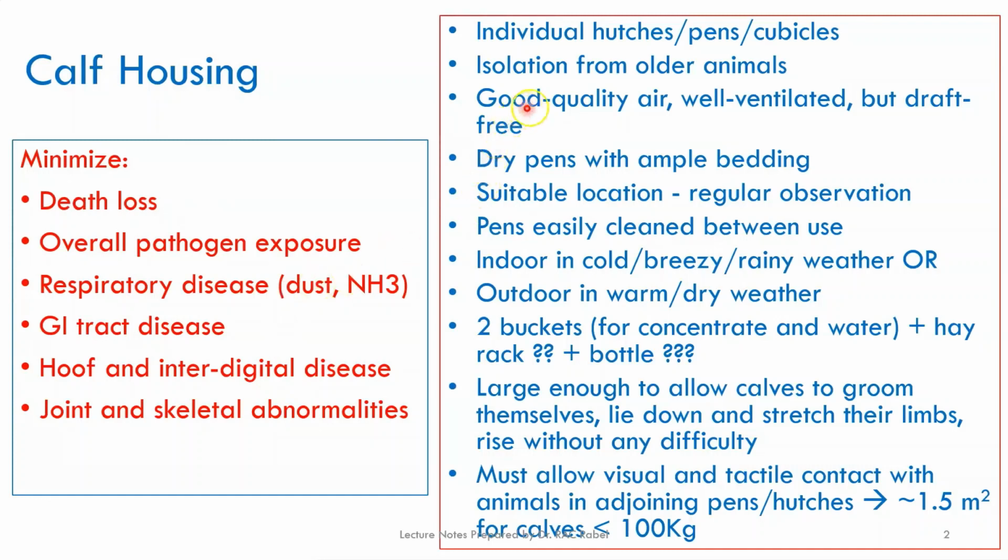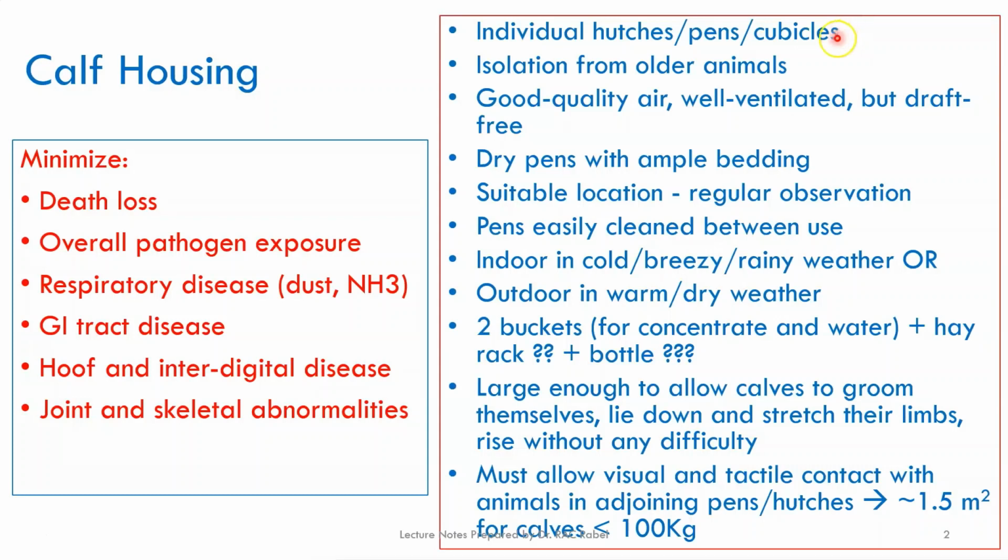Like I said earlier, they can be individual hutches or pens or cubicles as you call them. Remember, there are two different terms. Calf pen, calf cubicle or calf hutch is one thing, whereas calf barn or calf unit is a different thing.